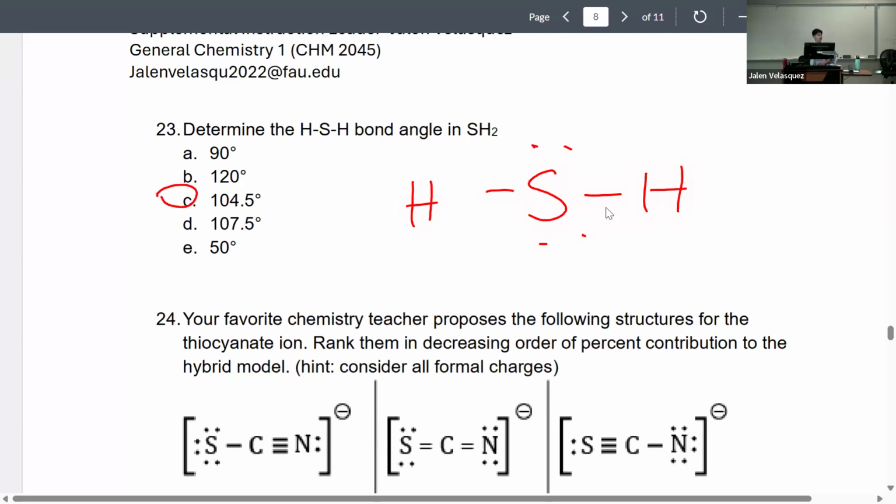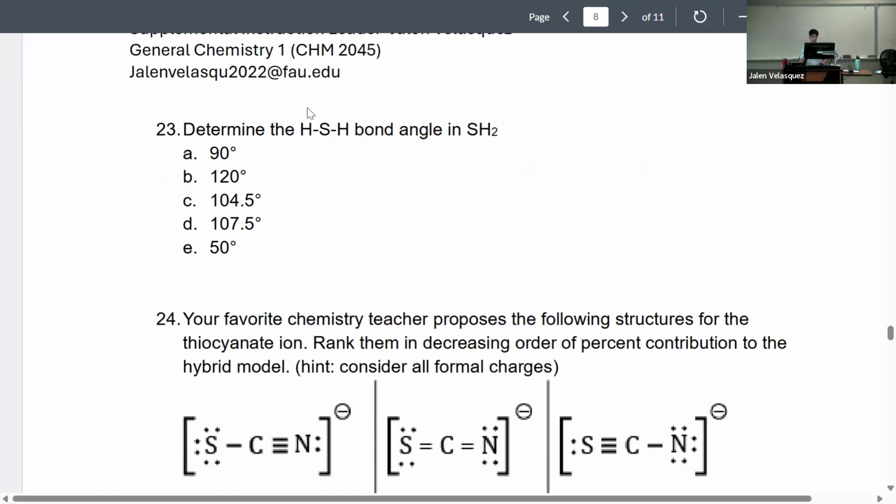So Maya, this kind of answers your question. I'm looking for the bond angle. Here the electron geometry is tetrahedral, but the molecular geometry is bent, so it's a 104.5 angle. All right. Questions with that one?